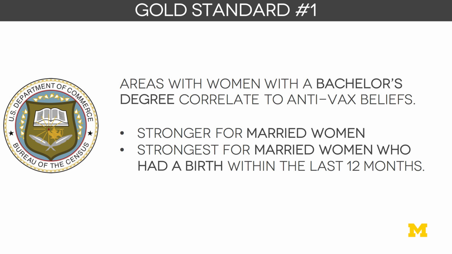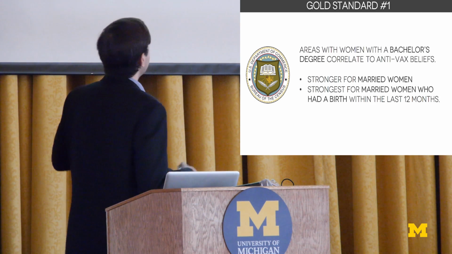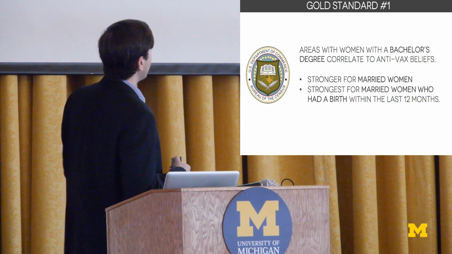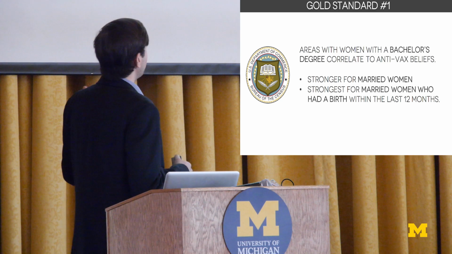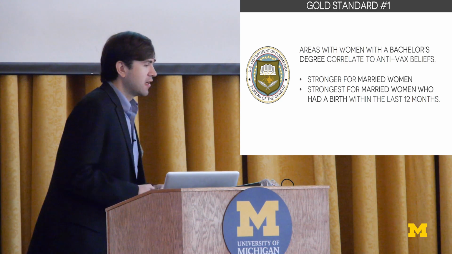If we look at the gold standard, humanly coded data, some of the actual census characteristics look like this. When there is an area with more women with bachelor's degrees, that tends to be an area in which we see more anti-vax tweet behavior. That effect is further bolstered when those women are married, and it is strongest when women are married and also have had a birth in the last 12 months.